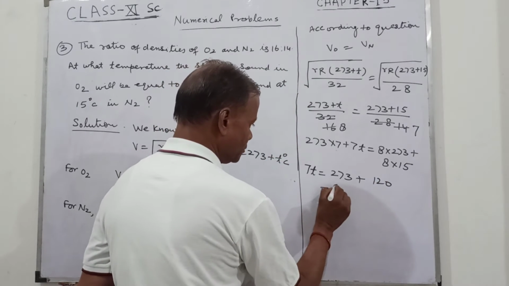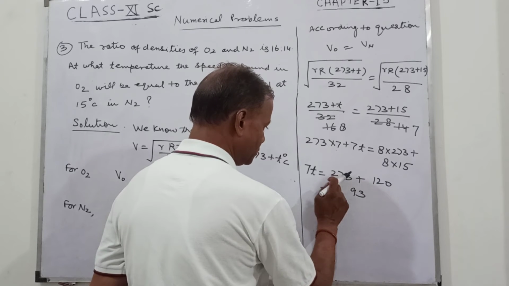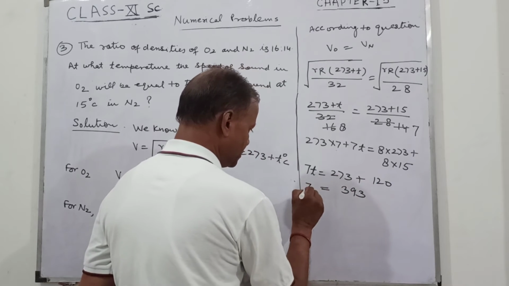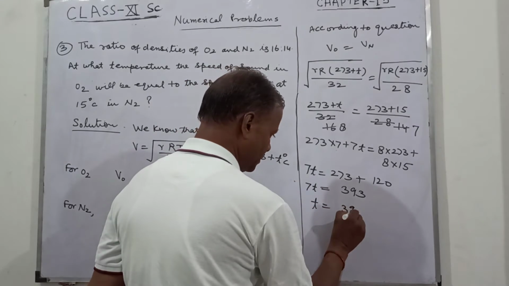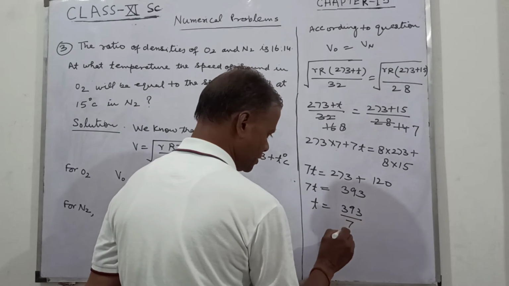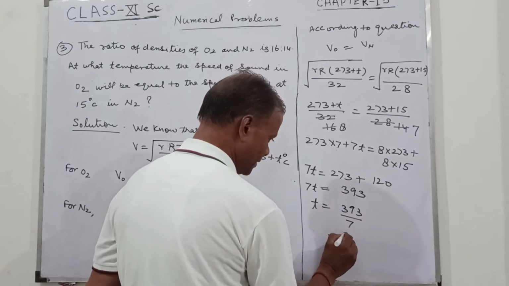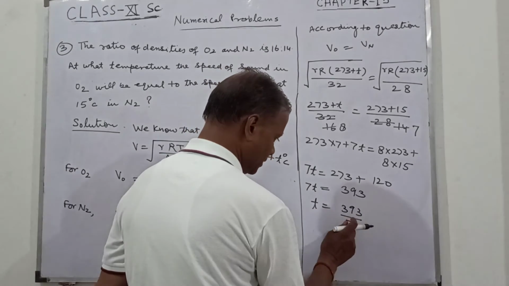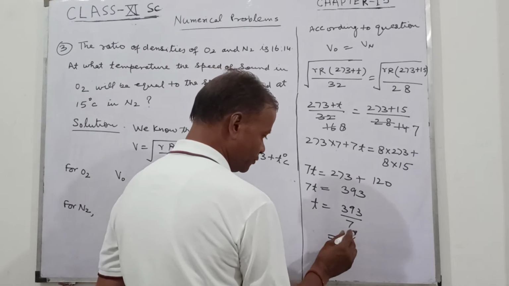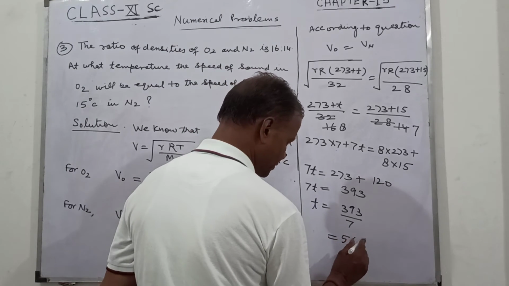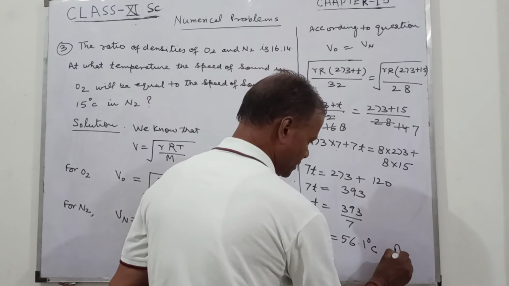So 7T equal to 393 and T equal to 393 upon 7, which is 56.1 degree Celsius. This is the answer.